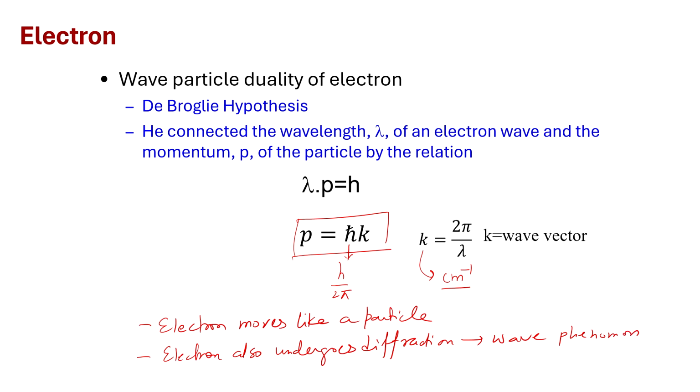So, it was proven that an electron in a solid moves like a particle, takes part in conduction, but it also displays wave-like behavior, it undergoes diffraction, and that is one of the reasons why we have band gap in materials. So, this wave particle duality was a very fundamental turning point in moving from the classical behavior of electrons, where they just behave like particles, into a combined theory.